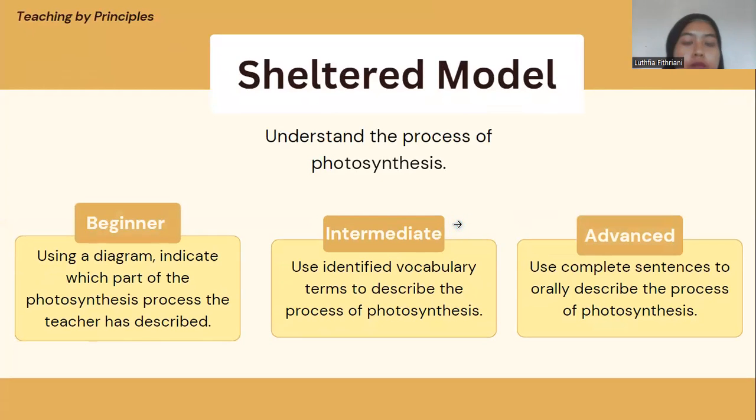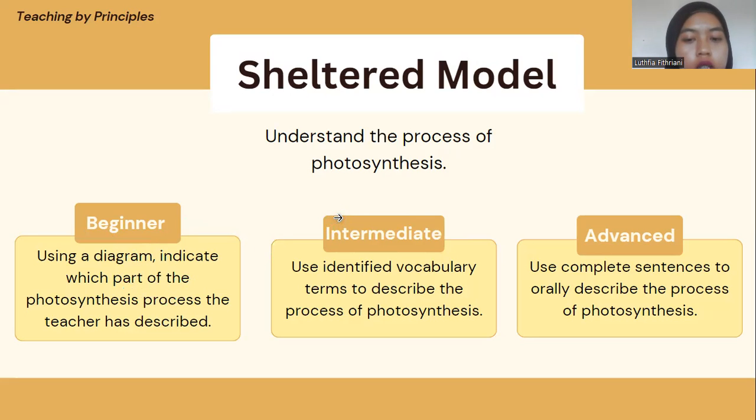So here is an example of the Sheltered model approach. For example, today's material is understanding the process of photosynthesis. The teacher should divide the activity into three types: for beginner students, intermediate students, and advanced students. For the beginner student, the teacher can use a diagram that indicates which part of the photosynthesis process the teacher has described.